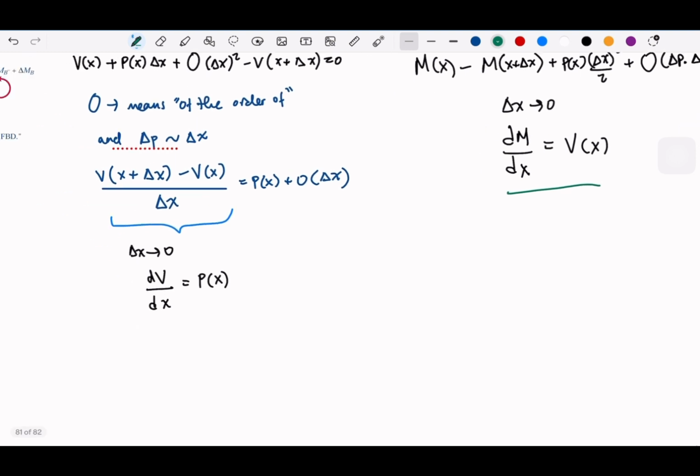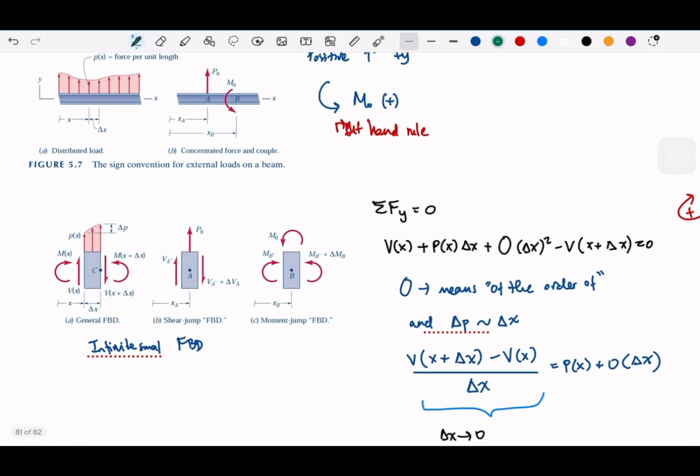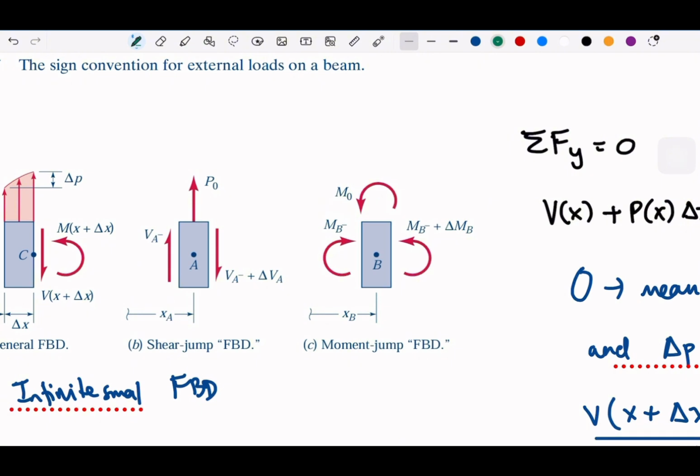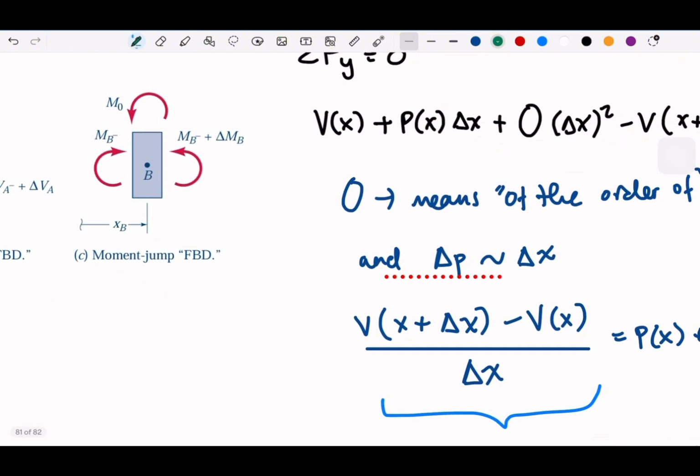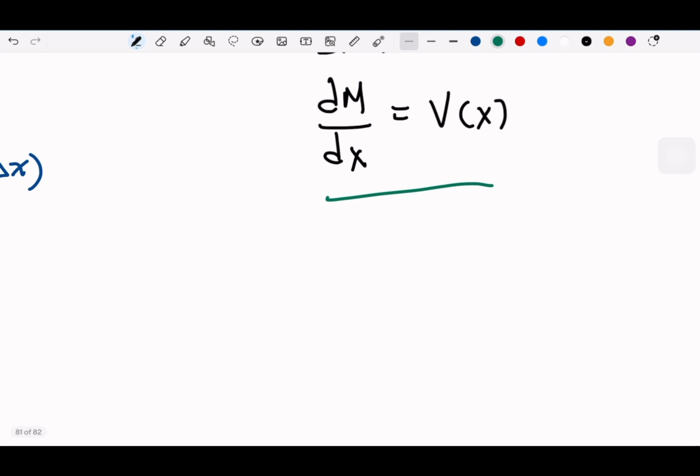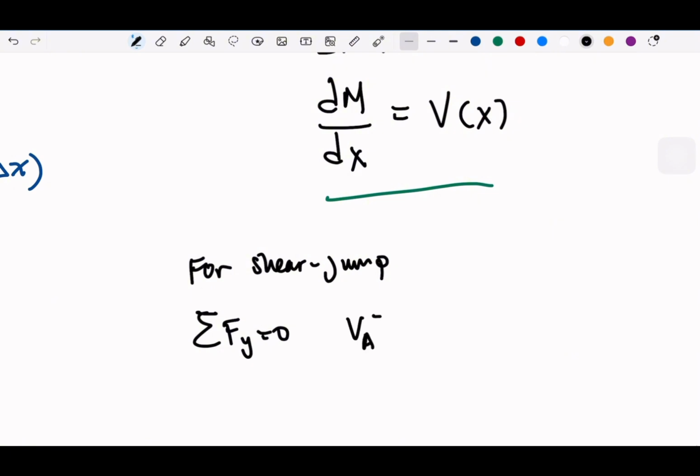And then if we take the sum of forces for the shear jump, taking the y-axis as 0, we have V_A minus, minus V_A minus plus delta V_A, plus P0, this is going to be 0.